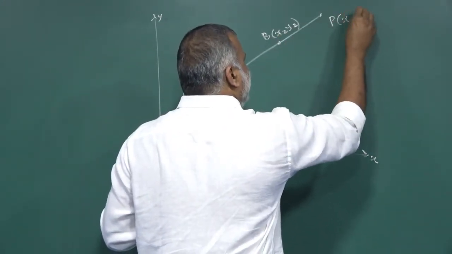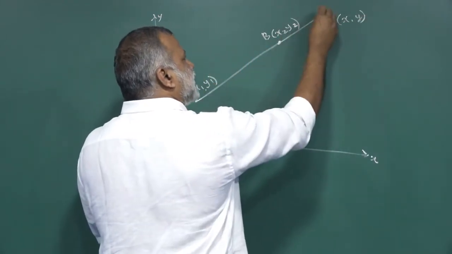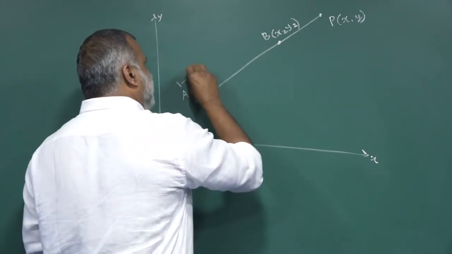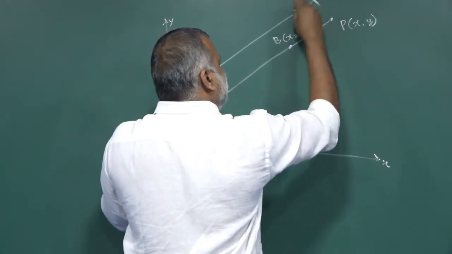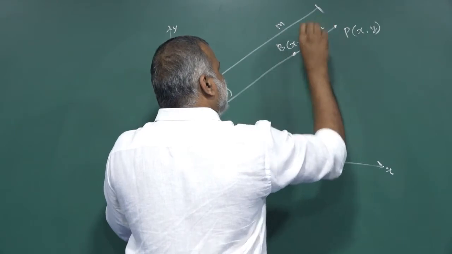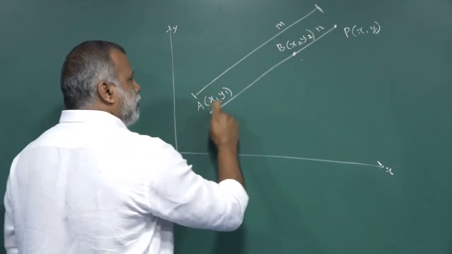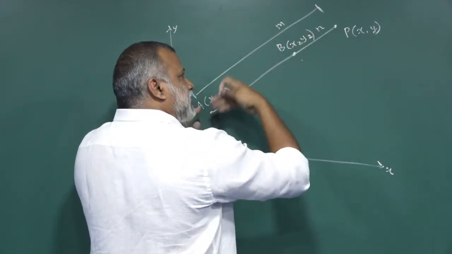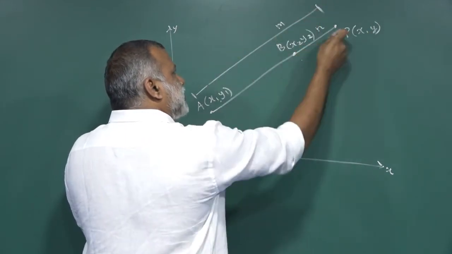This is P of x, y. So it divides the line segment AB externally in the ratio m is to n. Just now I explained the meaning of m here: the distance from A to P is the m value. Then from B to P, this is the n value. So this is the logic. AB is the line segment, and P of x, y is a point which divides the line segment externally in the ratio m is to n.